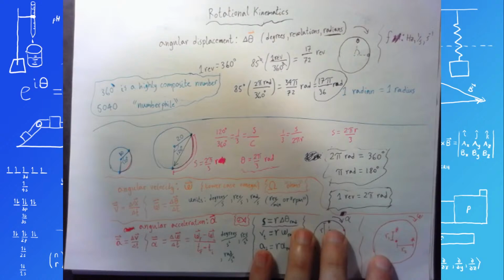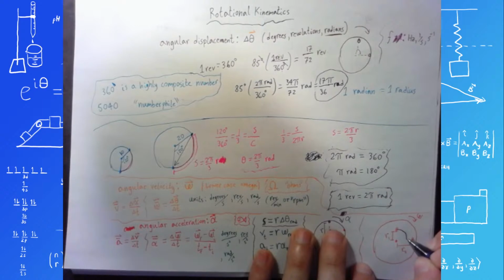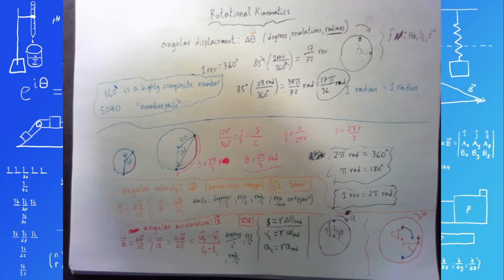So if they both move by the same number of degrees, let's say they both move 90 degrees, then this one will have moved this distance in some amount of time, while this one will have moved this distance in some amount of time.